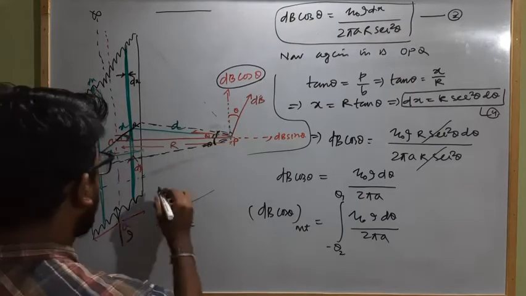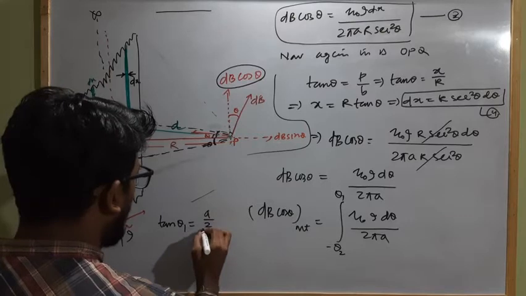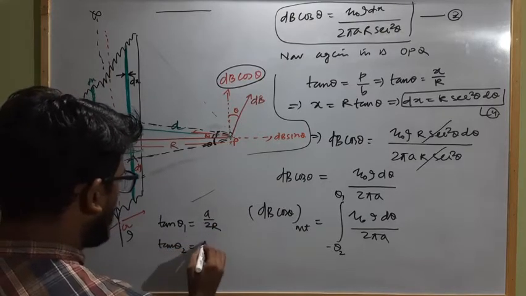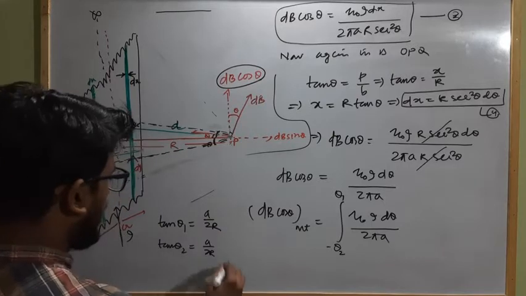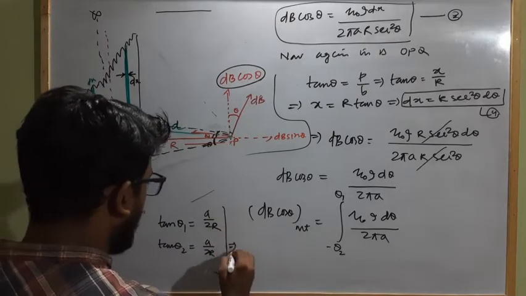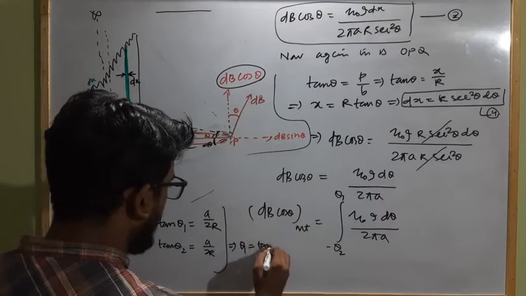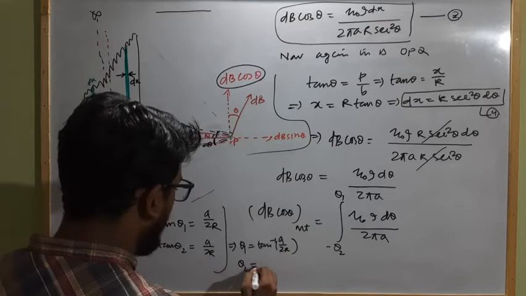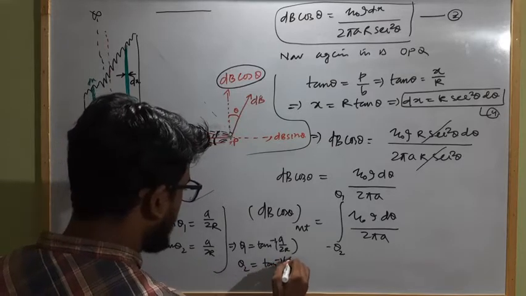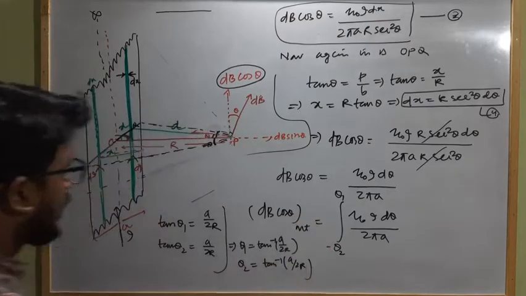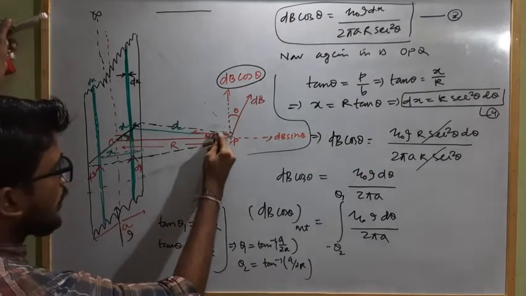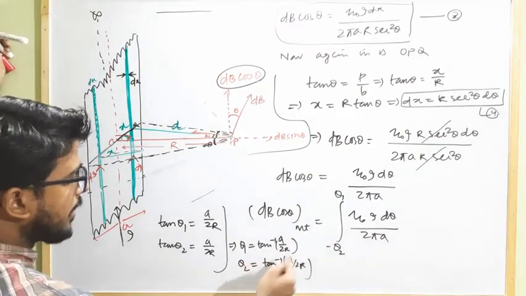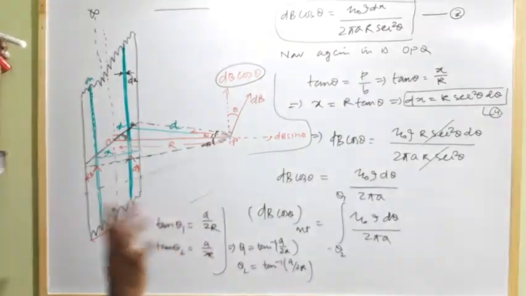So tan theta 1 will be a by 2r, and similarly tan theta 2 will be a by 2r. So theta 1 equals tan inverse a by 2r, and theta 2 equals tan inverse a by 2r. Clear?